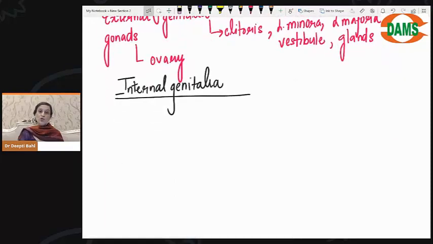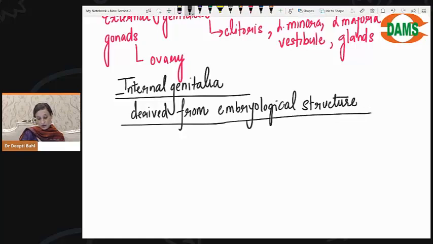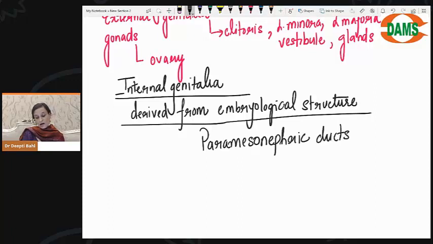Now I want to know from you, the internal genitalia that we have labeled above are derived from which embryological structure? Can you all tell me? The female internal genitalia are primarily derived from the structure which is called paramesonephric ducts.